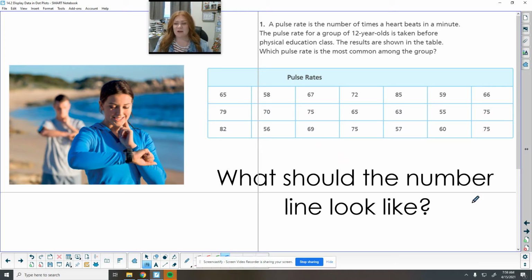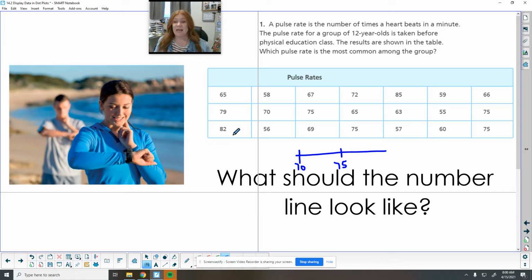So what do you think our number line should look like? So we want to find the smallest number and the biggest number because, if I only put my number line from 70 to 75, I can see I'm missing out on all of these numbers that are in the 50s, the 60s, the 80s. So we need to find our smallest number and the biggest one.